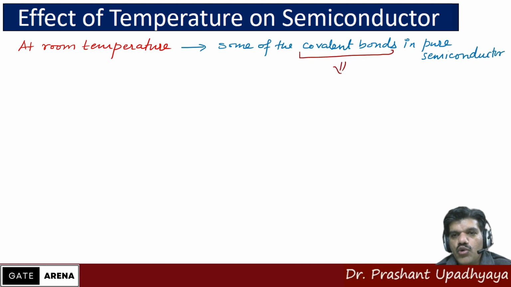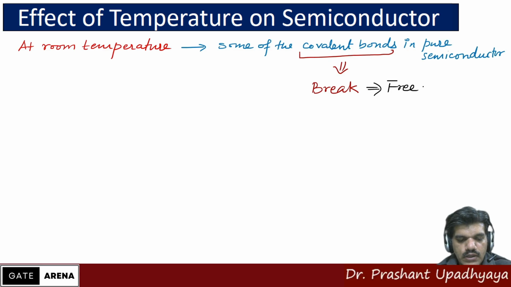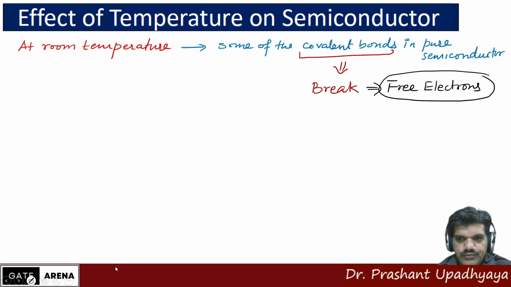When these covalent bonds break, free electrons are created. The breaking of bonds sets free those electrons which are engaged in the formation of these covalent bonds.